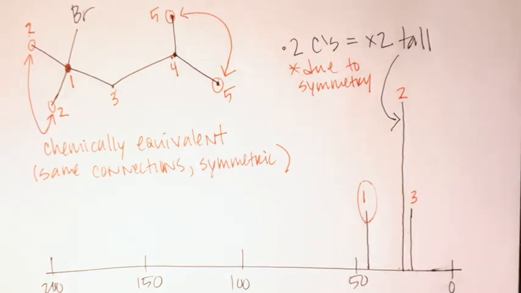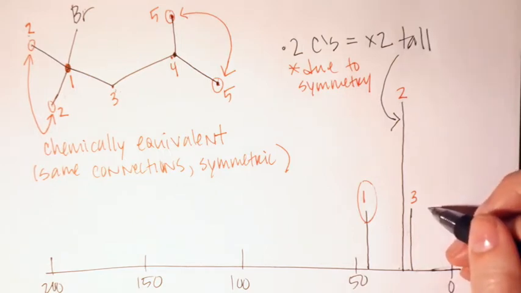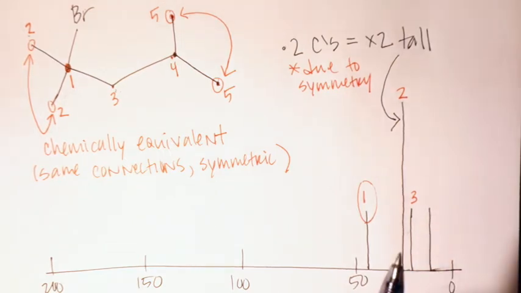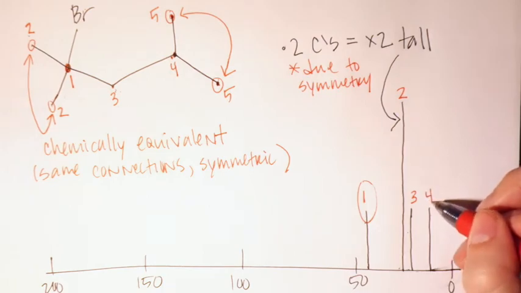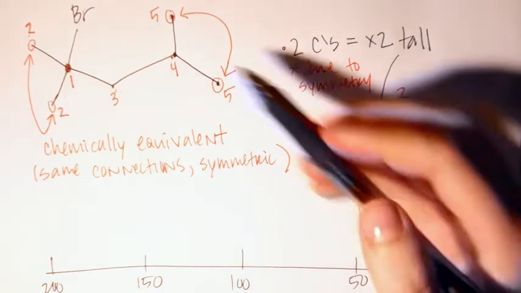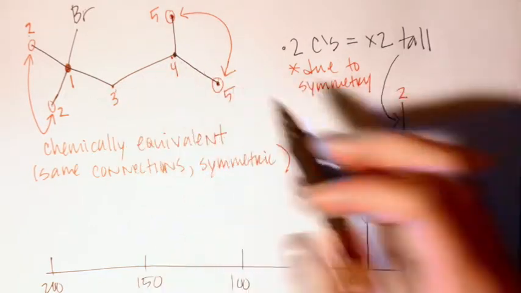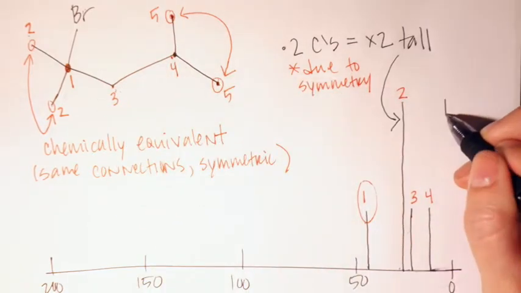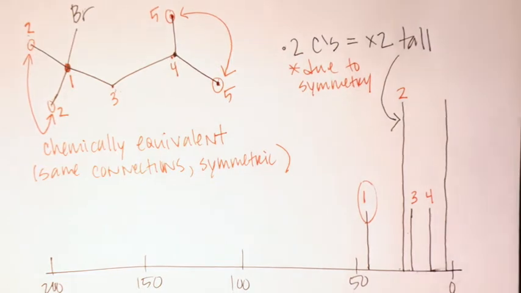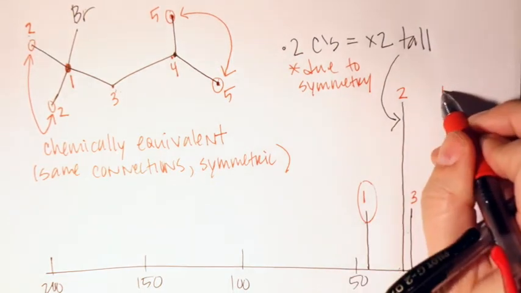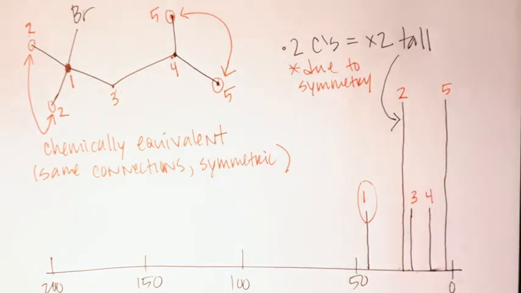Right, and then we have 4, which is going to be more upfield than those guys. It's only 1 carbon, so it's going to have the 1 carbon height. And then peak 5 is going to be even more upfield because it's farther away from the bromine. And it's going to be twice as tall as those other ones, so roughly the same height as peak 2. And so you're expecting to see something like that.